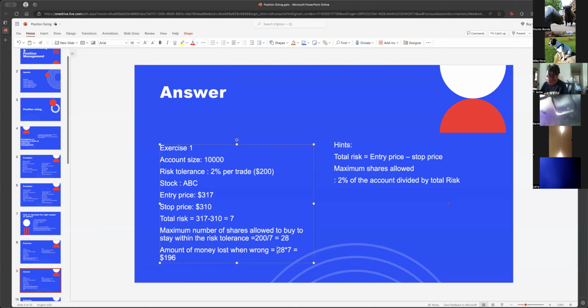You just multiply the number of shares you bought with your total risk. You get the amount of money you will lose if you're wrong, $196, which is less than 2% of your entire portfolio. And that is the proper sizing you have to go with.